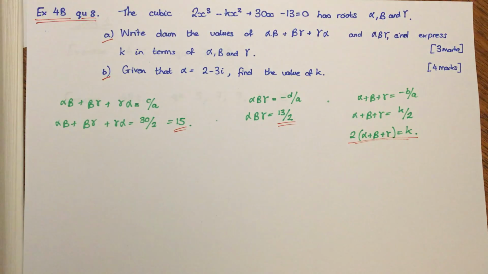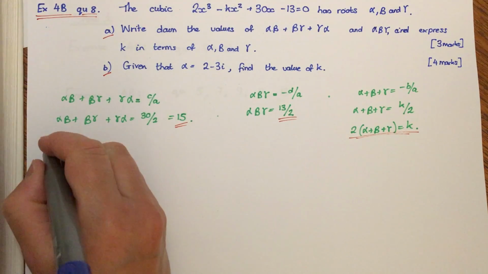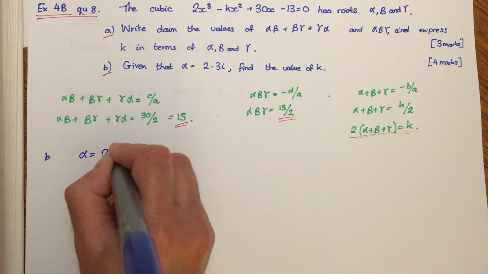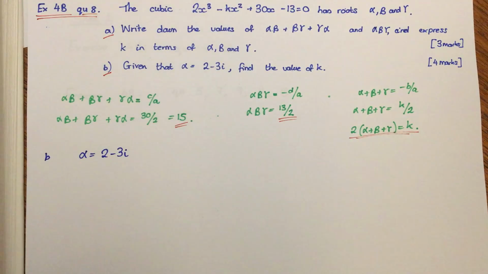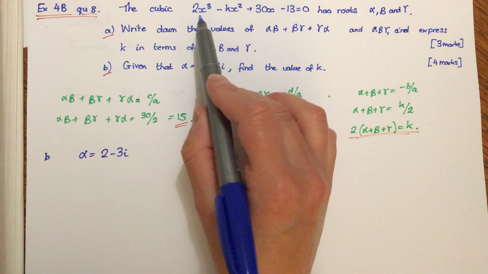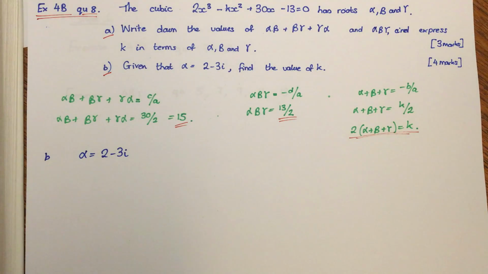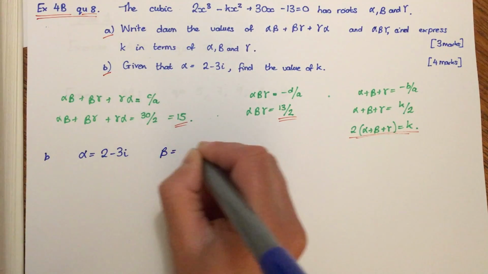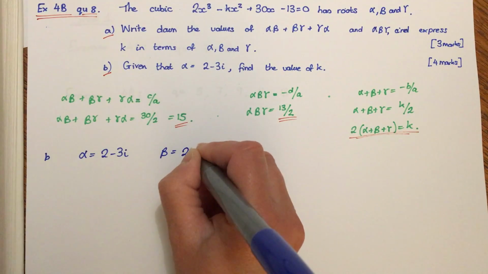Right, given that alpha equals 2 minus 3i. Oh, this is nice. So, for part B, alpha equals 2 minus 3i. So you straight away know that because this is real number coefficients, if one root is 2 minus 3i, another root, I'm going to call it beta, must be the conjugate of that.